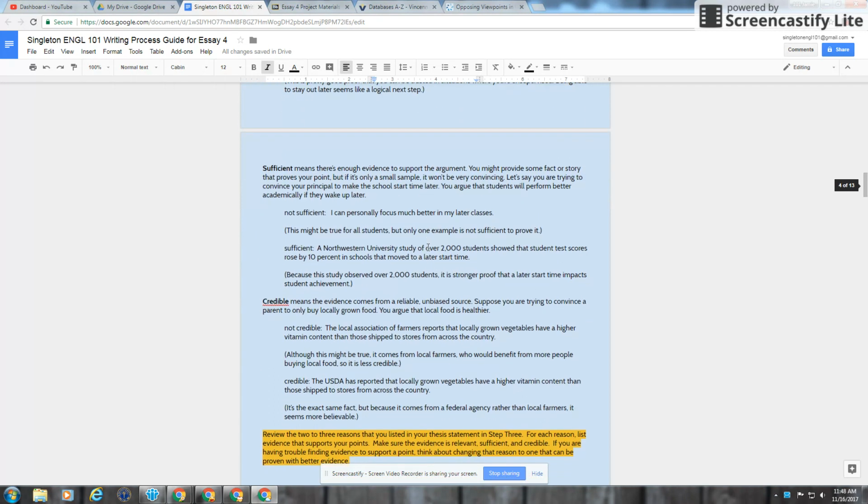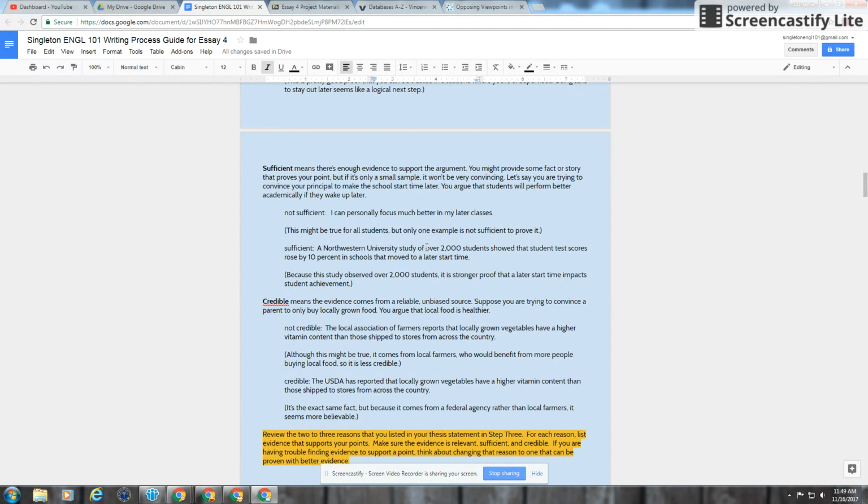Also, you want to look to make sure your evidence is sufficient. That means that there's enough evidence there to support the argument. If you're trying to convince your principal to make the school start time later, something that would not be sufficient, if you just say, hey, I can focus much better in my later classes, the principal's not going to change the start time of school just for you. That's not sufficient.